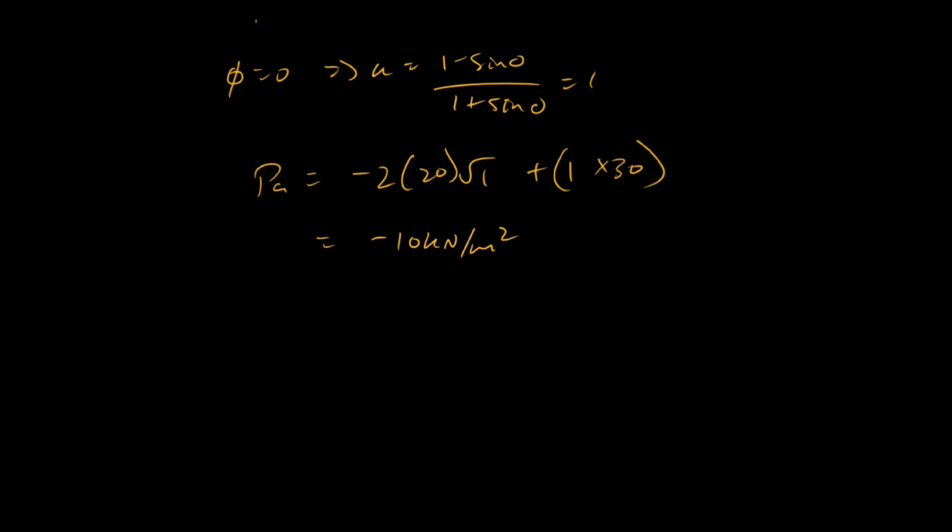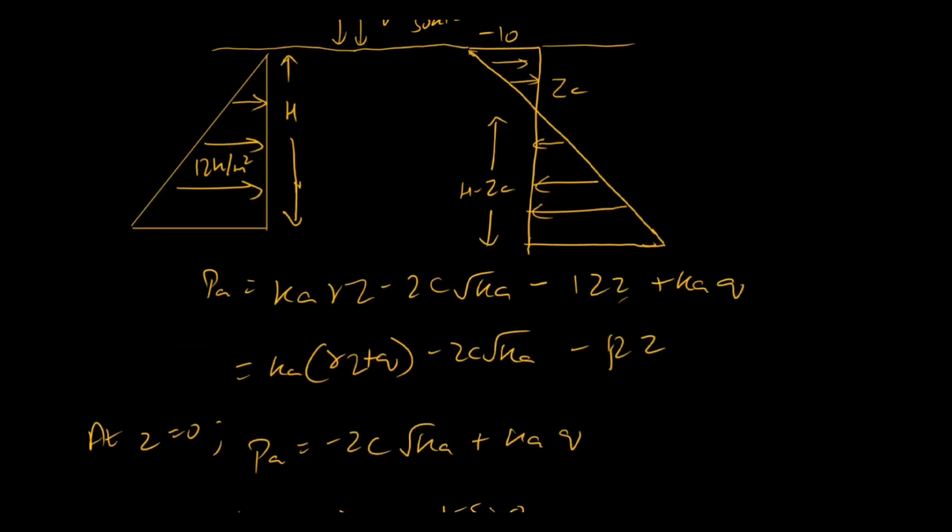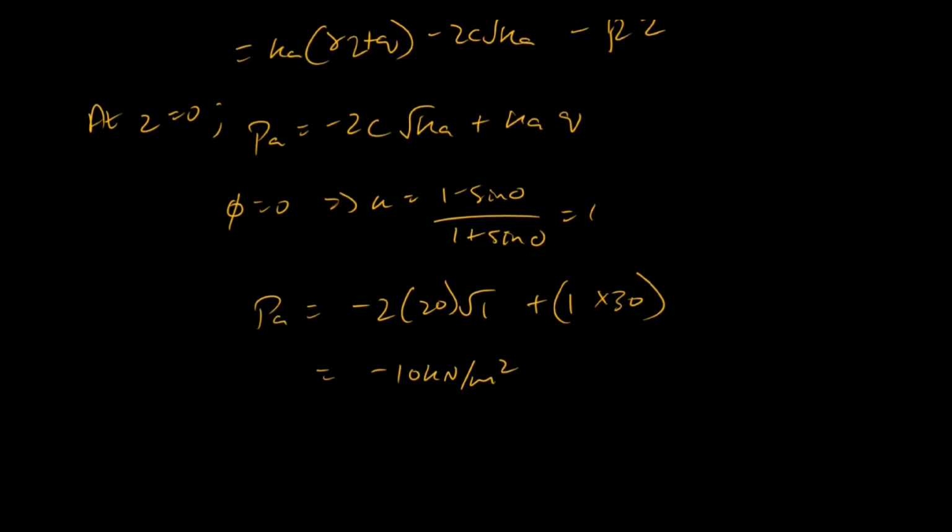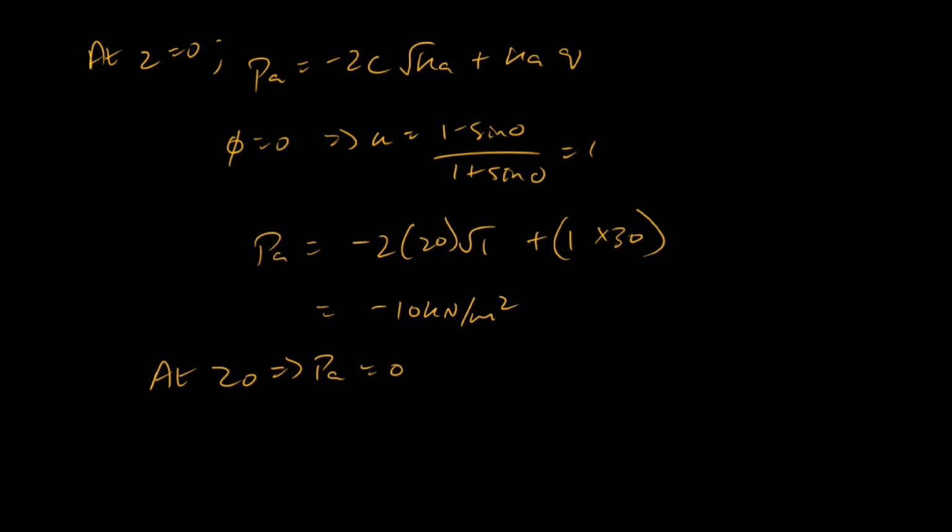If you see this point, we will take it as Z naught. So at Z naught, the value of active earth pressure will be equal to 0.